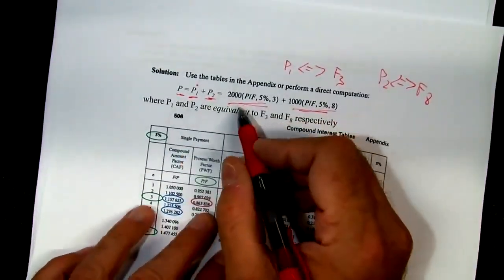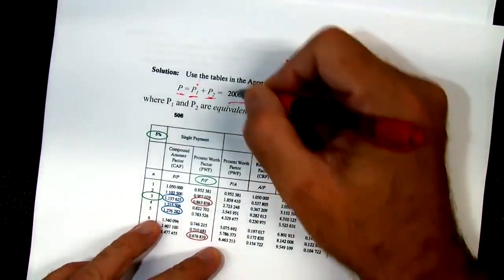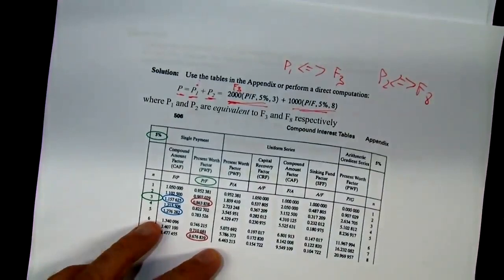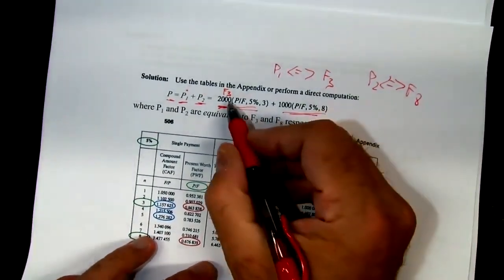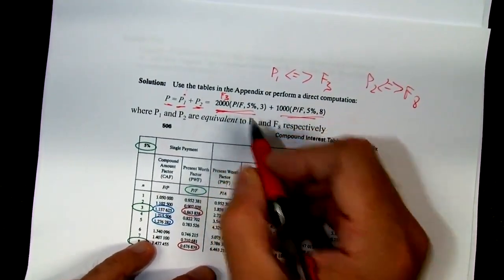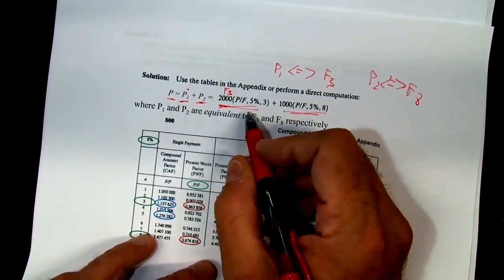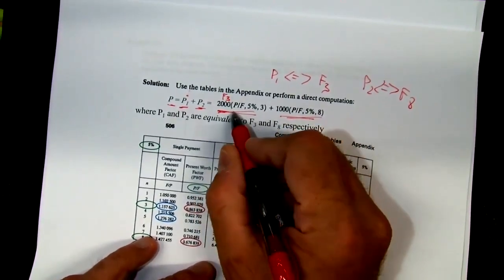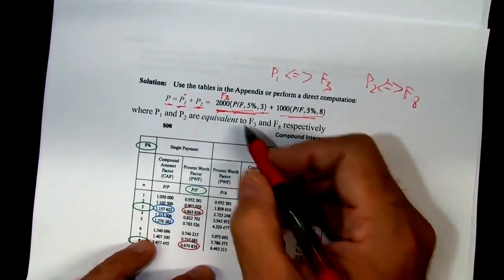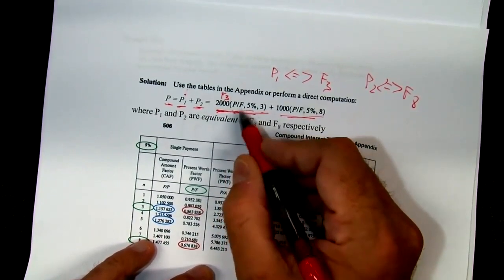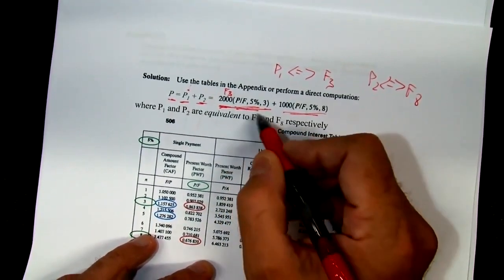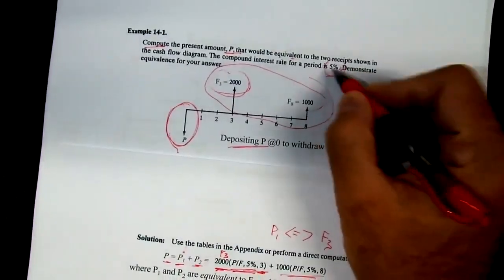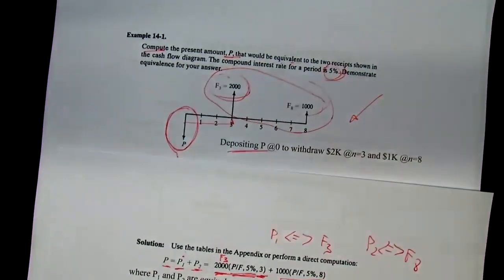The P1 will be, you see here, 2000 is your F3. As we saw before, I want to convert it to an equivalent amount, which is obtained by multiplying F3 by the factor P given F. I want P given the future amount at 5% interest with 3 periods in between. 5% is given, and 3 periods are easily seen from the cash flow.